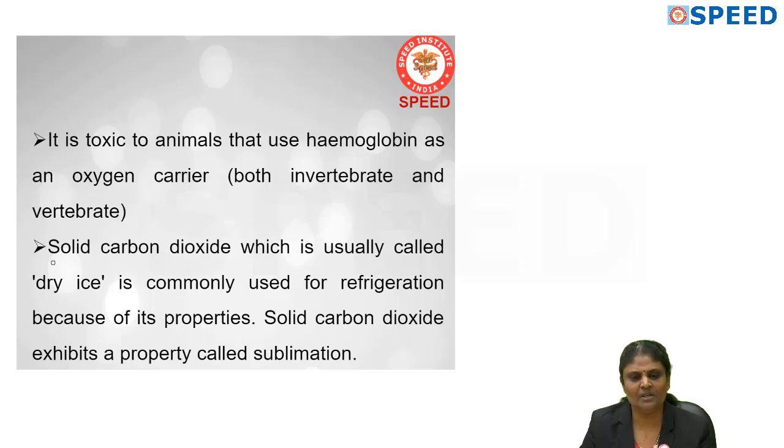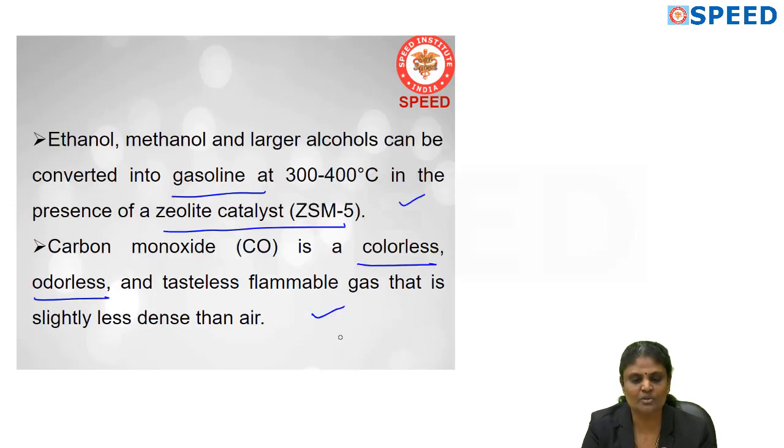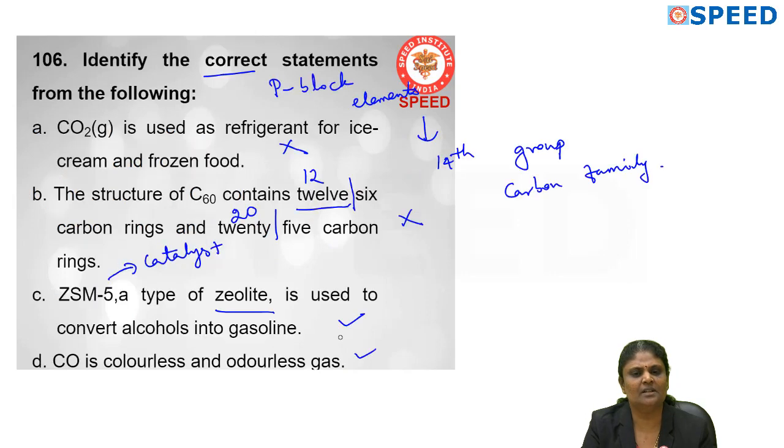And then the first option: carbon dioxide, usually called dry ice, is commonly used for refrigeration because of its property. Solid carbon dioxide exhibits a property called sublimation. But in your question paper, carbon dioxide gas is clearly given. So solid is correct, but here carbon dioxide gas is given, so this option is wrong.